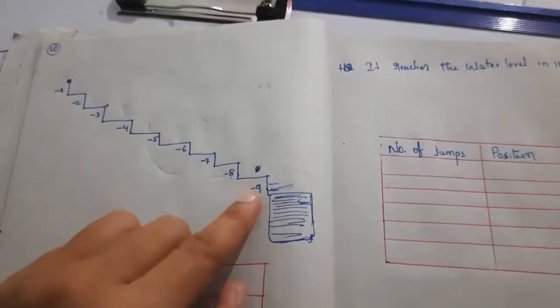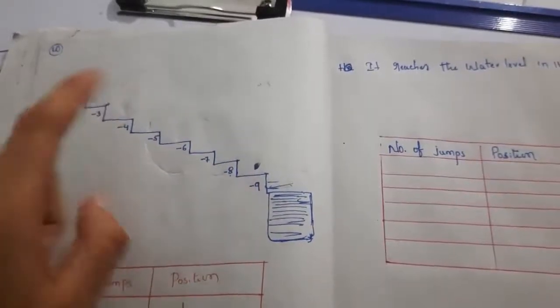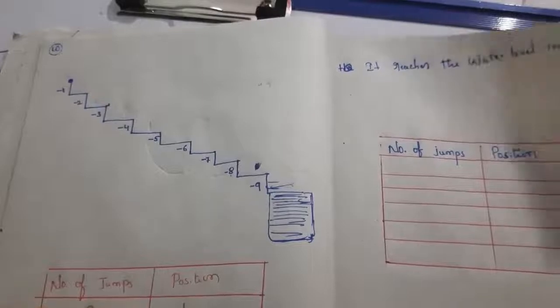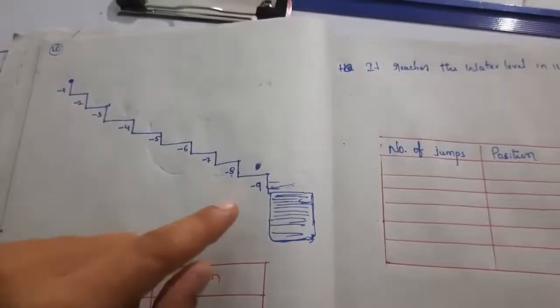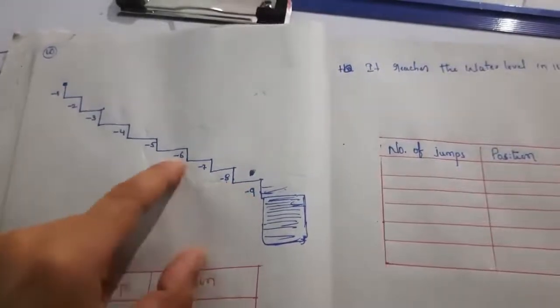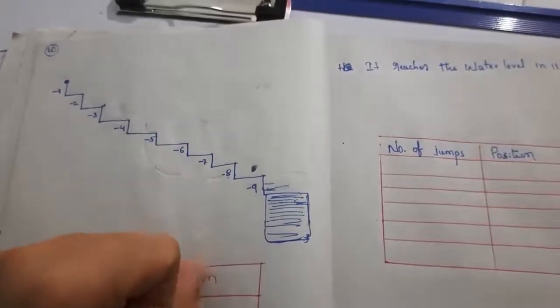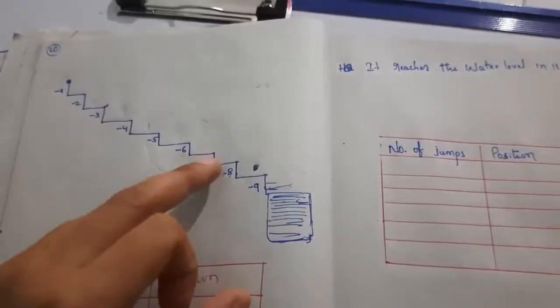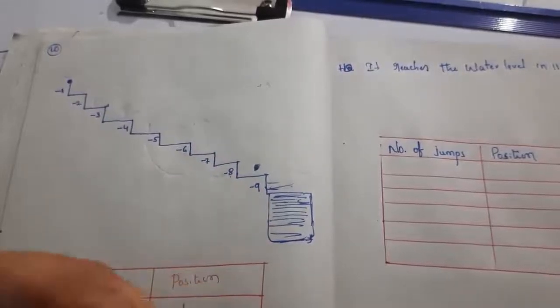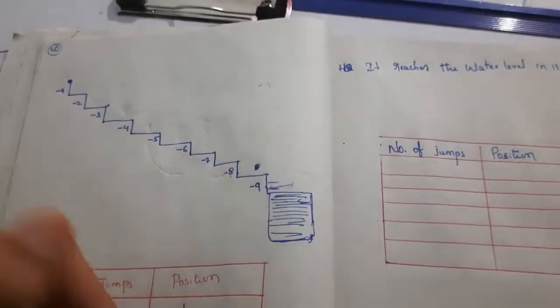To reach from minus 9 to minus 1, again there are 2 alternative movements. First it goes 4 steps up and 2 steps down. 4 steps up and next jump it takes 2 steps down.